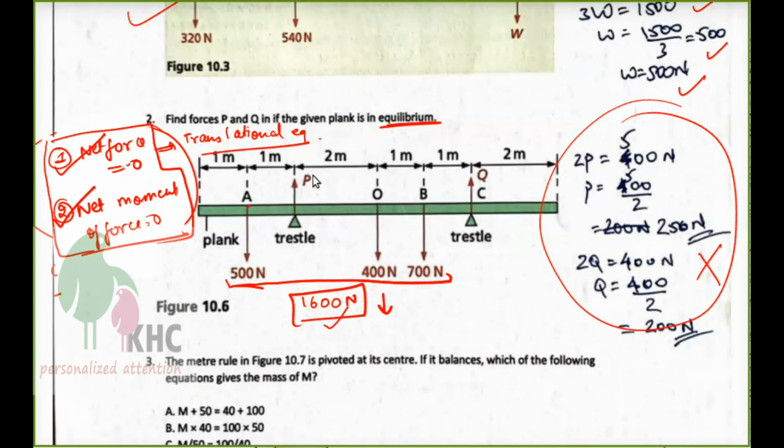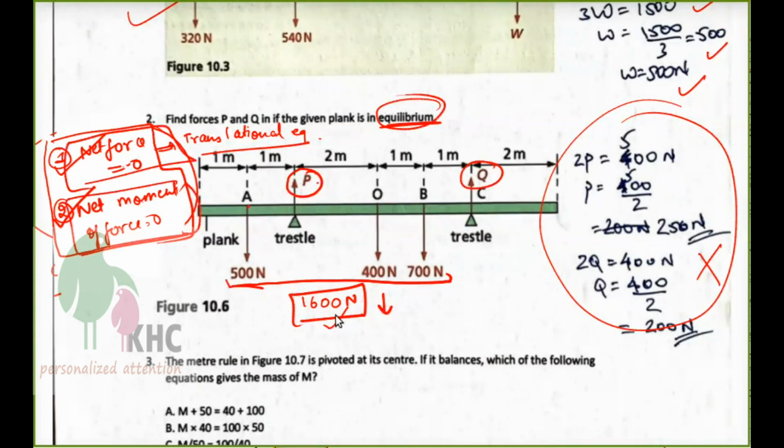In this diagram we can clearly see that P and Q are the two normal reactions applied by these triangles on this plank, so that the plank is in overall equilibrium, that is, in translational equilibrium plus rotational equilibrium.